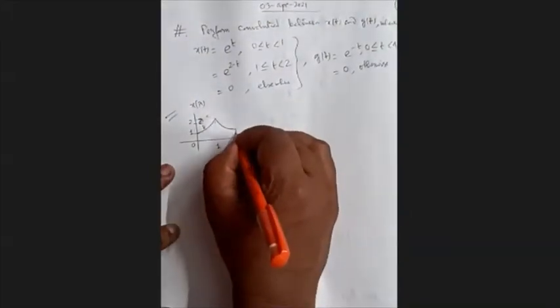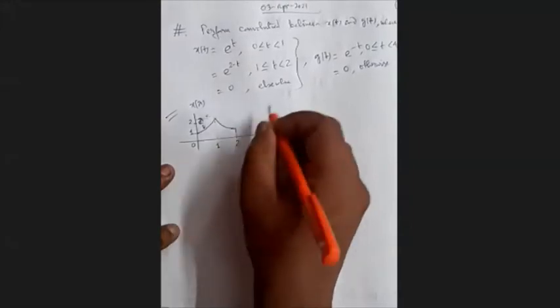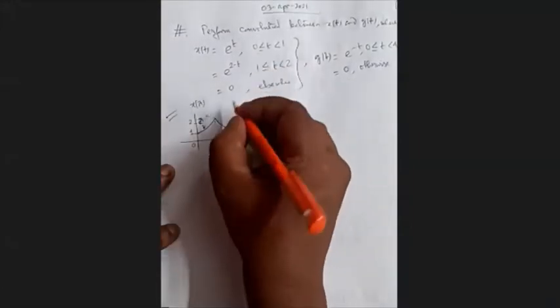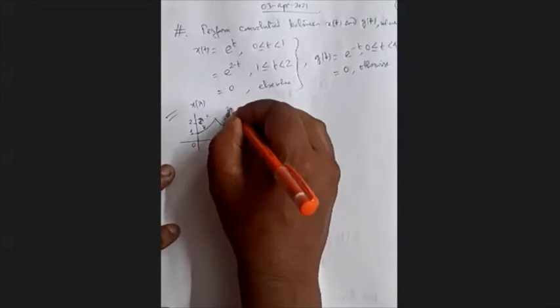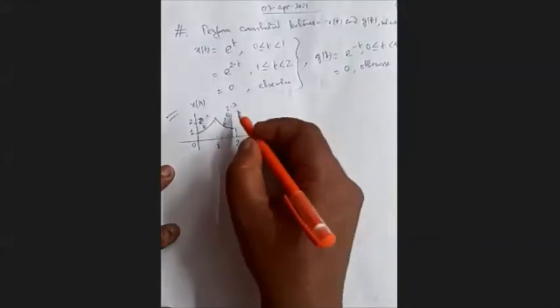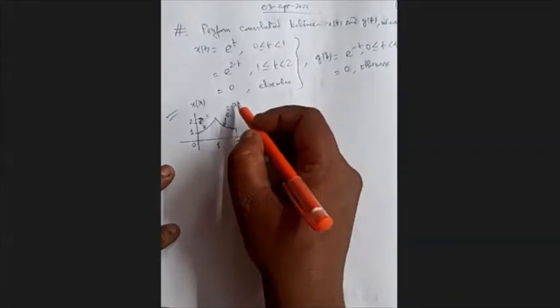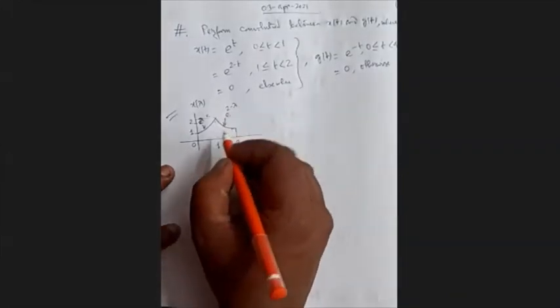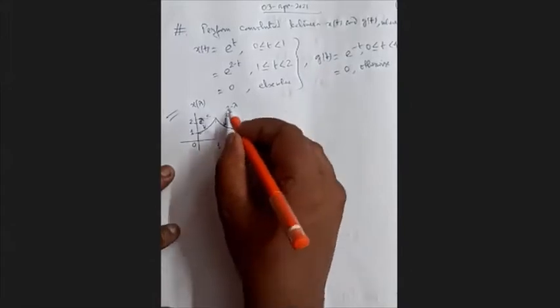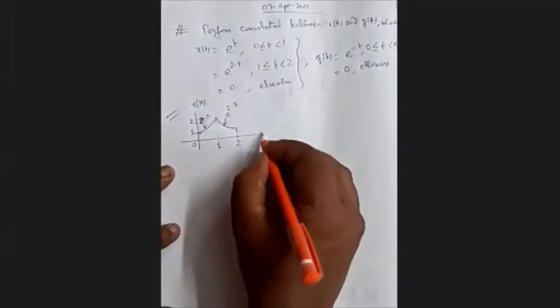So between 1 and 2, it is e to the power 2 minus lambda. So when lambda equals 2, it is just 1 again, 2 minus 2. So that is x(lambda).